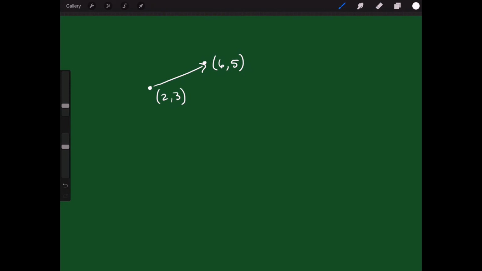Then how could I write this vector in component form? Well, let's see. Let's set up an xy axis here and try to... so this is 6, this is 5, this is 2.